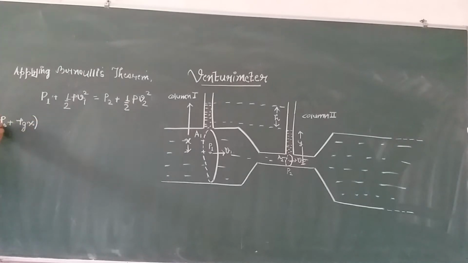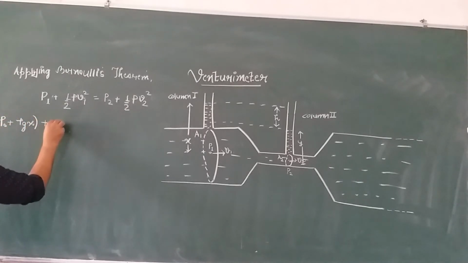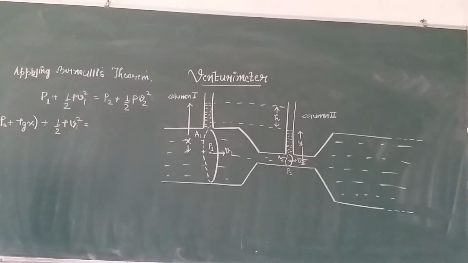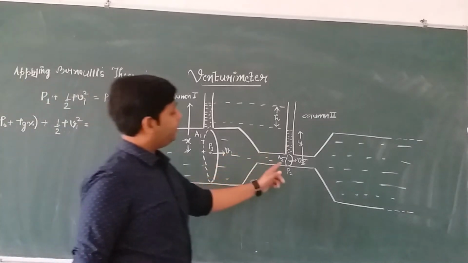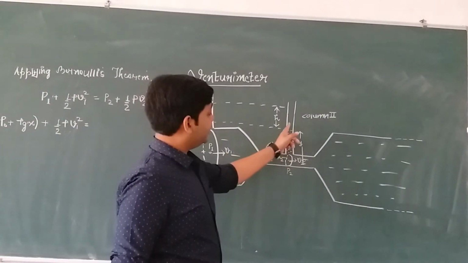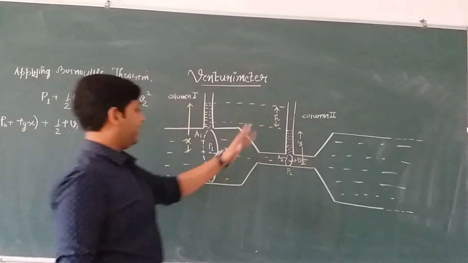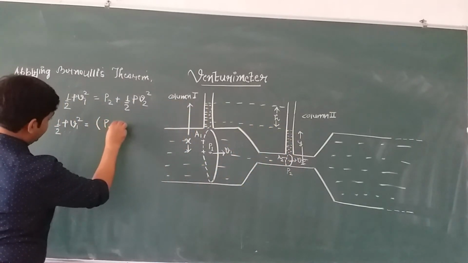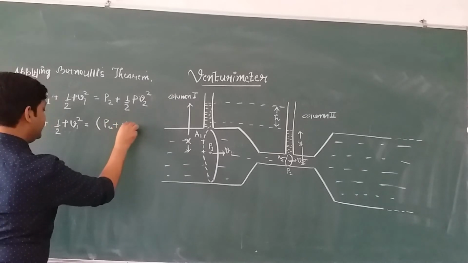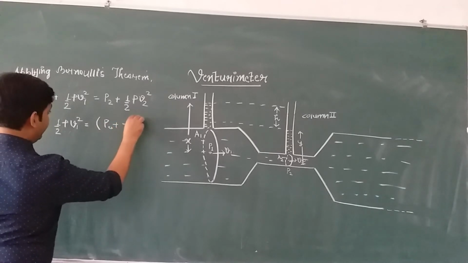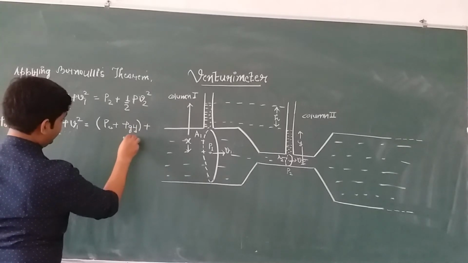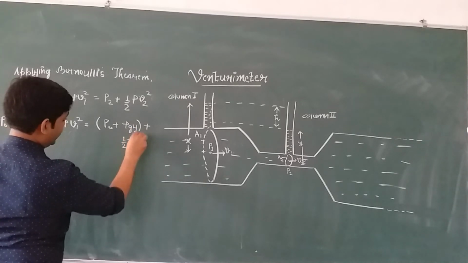This is the value of P1, plus half rho v1 square is equal to, what is the value of P2? Similarly, P2 will be equal to P0 plus rho g y, plus half rho v2 square.